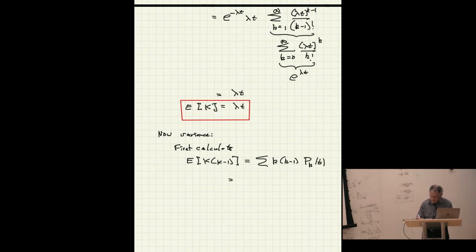which is equal to, take out the e to the minus lambda t, take out lambda t squared, you'll see why in a moment. I'm left with the summation that was originally from 0 to infinity. Now I'm going to go from 2 to infinity because the other terms disappear, of k times k minus 1, lambda t to the k minus 2, I took 2 of them out, over k factorial.